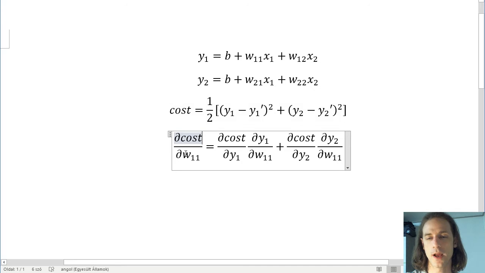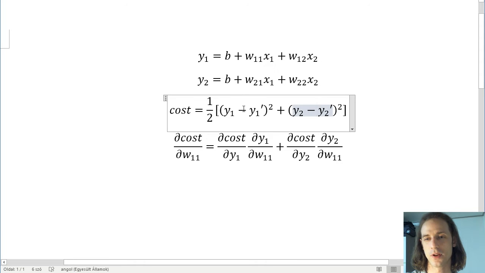So we apply the chain rule, because here you can see this equation. There is no w1 in here, but it's implicit because it's part of the y1 and not part of y2, but it could be. So this cost function is basically, we apply the chain rule, so we have the y1 and the y2s.